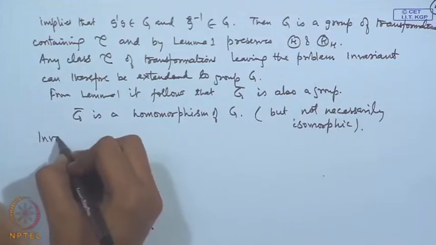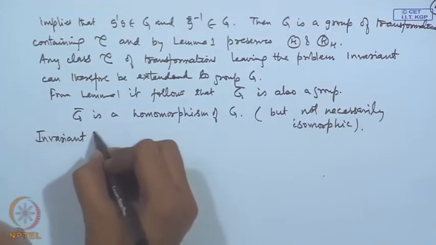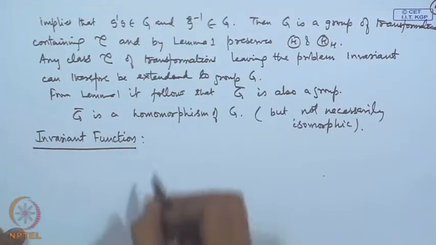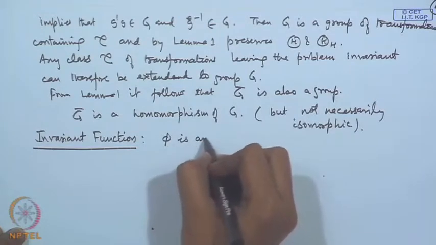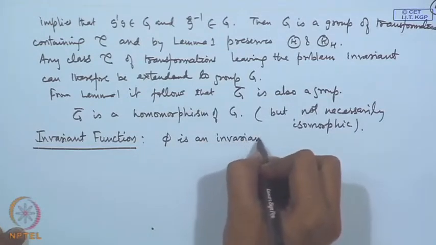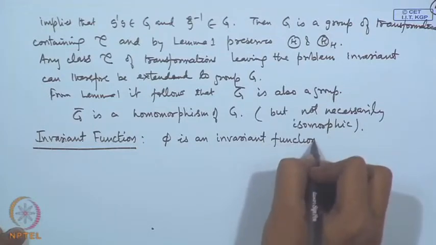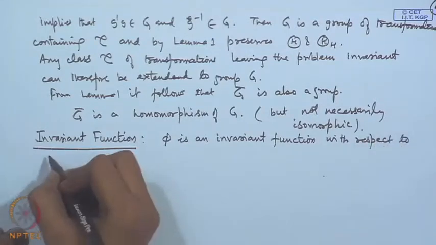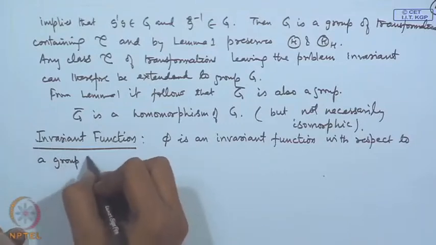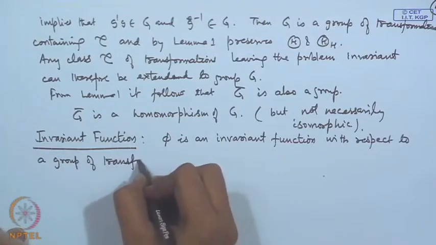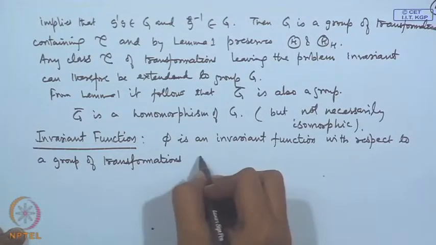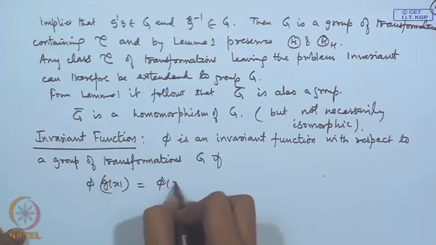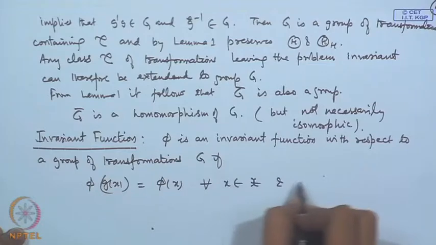Now, I define what is an invariant function. If you remember, in the estimation we defined a covariant estimator. Now, I am defining what is an invariant function. So, phi is an invariant function with respect to a group of transformations G if phi of g x is equal to phi of x for all x and for all g.